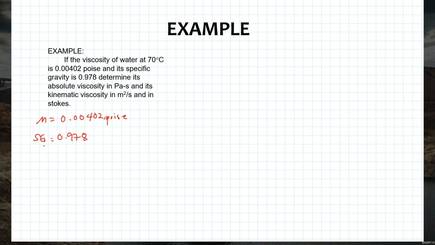Determine its absolute viscosity in the unit of Pascal second. Okay? We are also required to determine the kinematic viscosity in meter squared per second as well as in Stokes. So first, let's convert the poise into Pascal second. That's the first requirement.